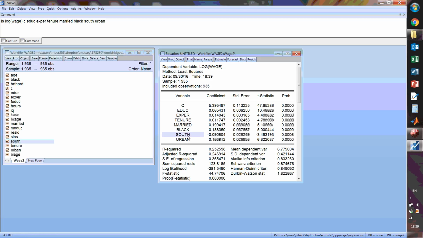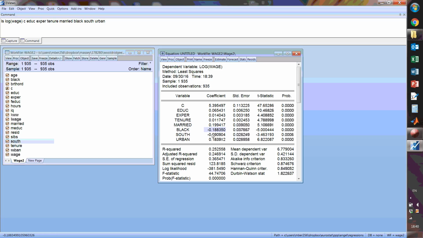And what's interesting here, which is quite useful to note, is that as you may know, the southern US has a higher proportion of black population, and controlling for the south dummy in the regression allows you to deflect a criticism that the black dummy would be capturing the fact that the southern US has lower wages than the northern US.